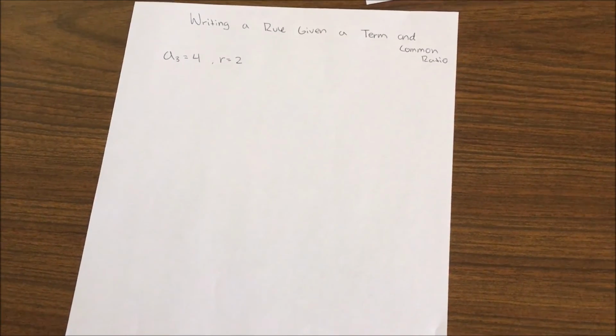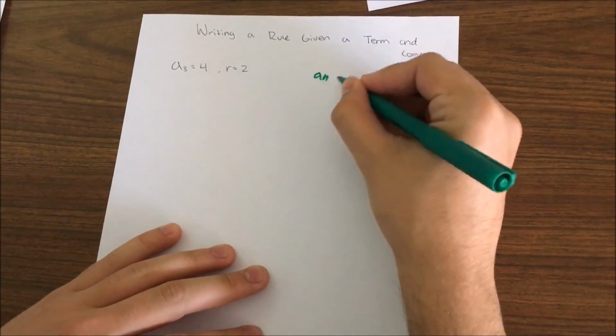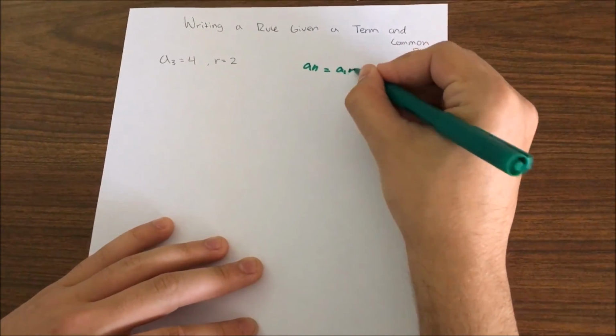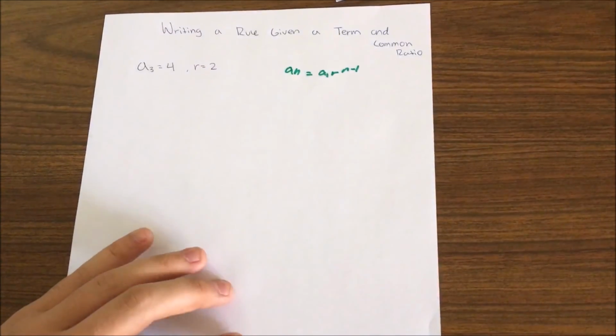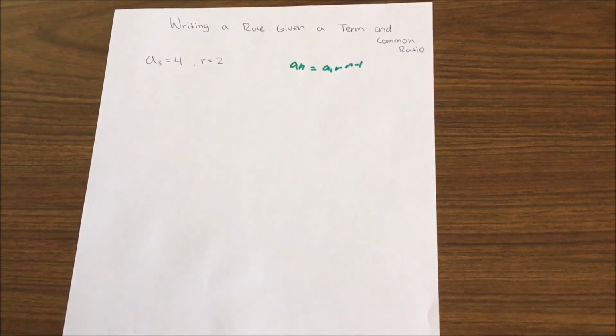Writing a rule given a term and a common ratio. So they give us the term A3, which is 4, and the ratio of 2. I'm going to go ahead and write down the formula, which is An equals A1 r to the n minus 1. What we have to do is get the first 6 terms.